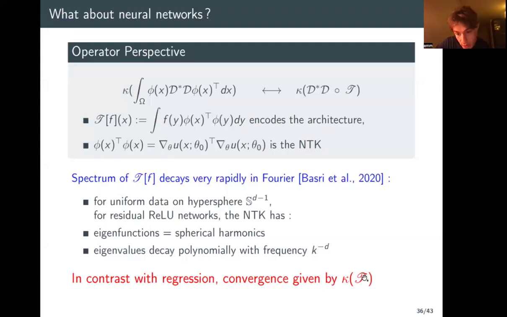It turns out the conditioning would be related exactly to this kernel integral operator T. And since the spectrum decays very rapidly, this exactly explains why we tend to learn the larger frequencies first, and then exponentially slower the smaller frequencies.